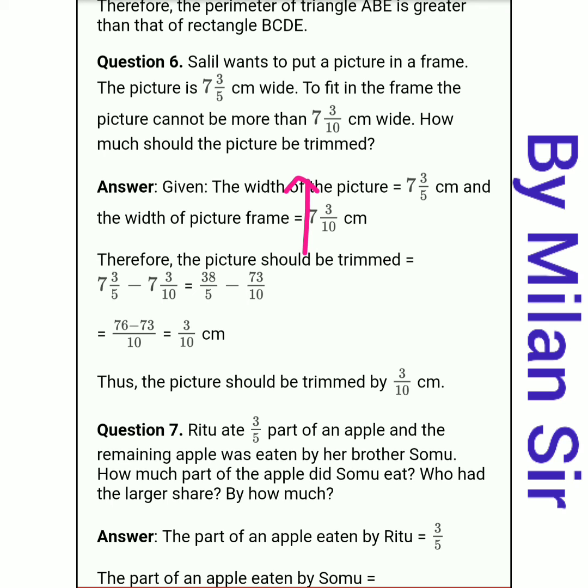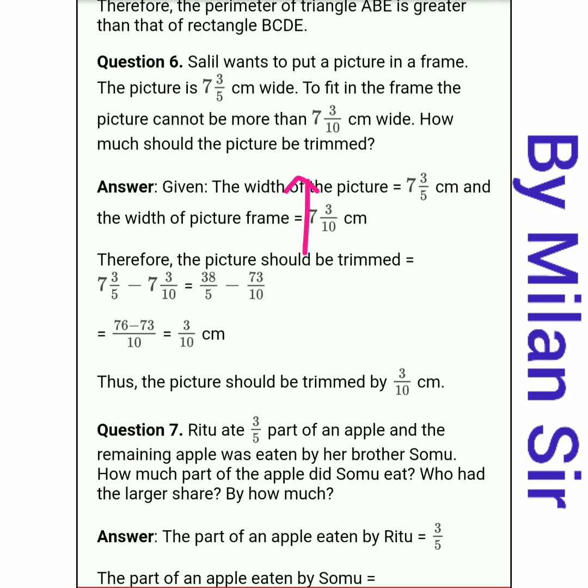So how much should the picture be trimmed? Okay, the original picture is 7 integer 3 by 5 centimeter wide, but to fit in the frame the picture cannot be more than 7 integer 3 by 10 centimeter wide.